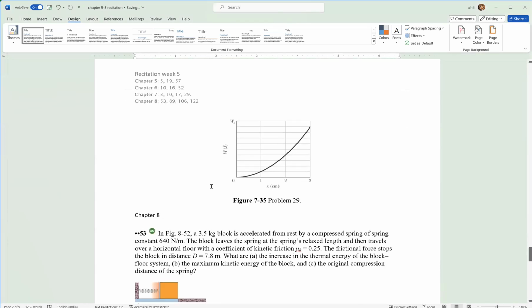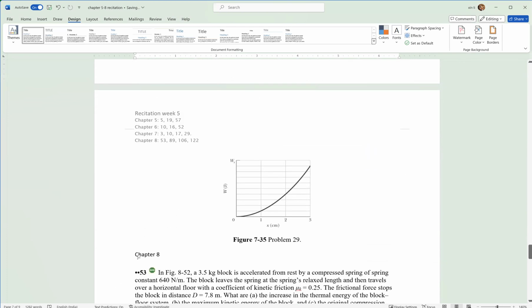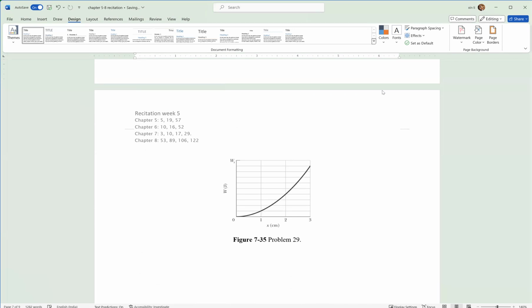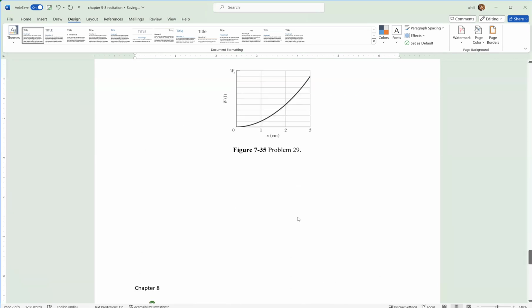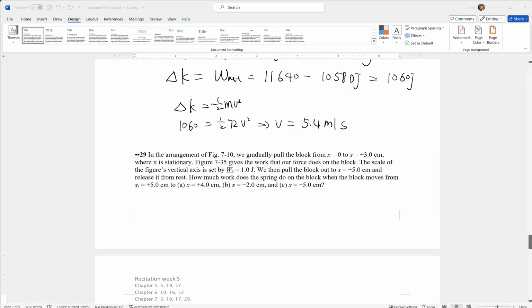Okay. So now we are going to take a look at 29. In 29, you have to find out the joules. Let me see. Actually, 29 is not on our exam.